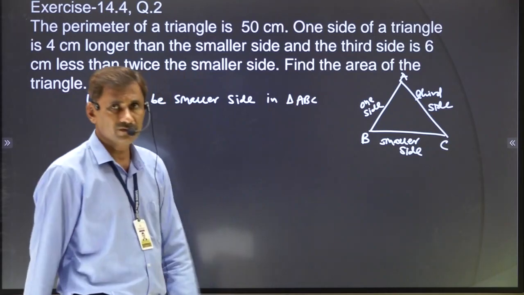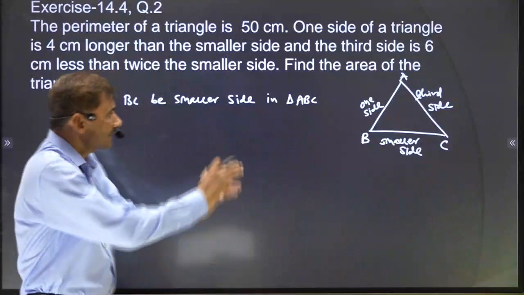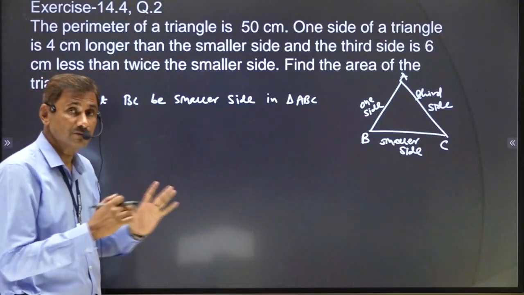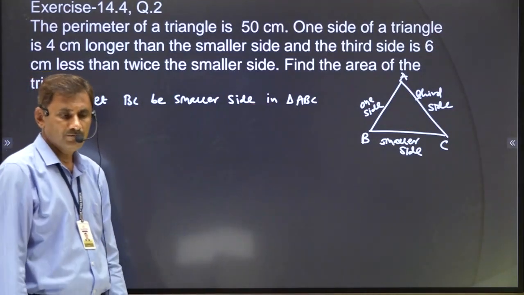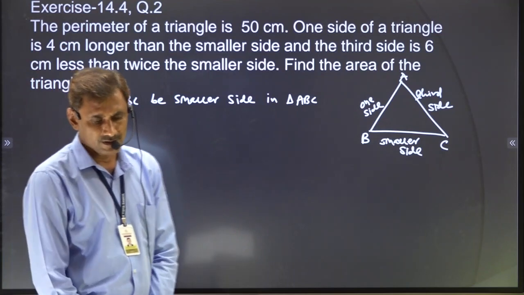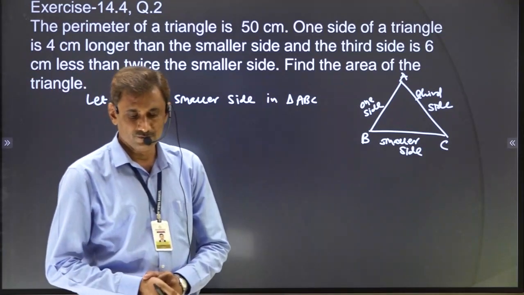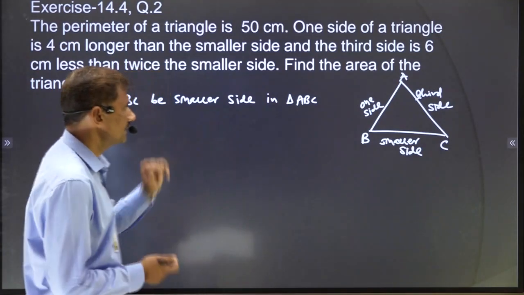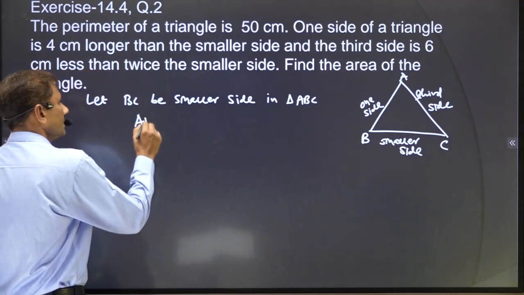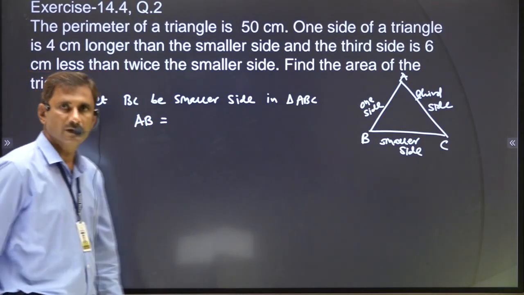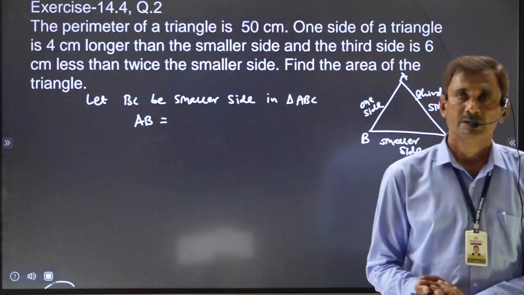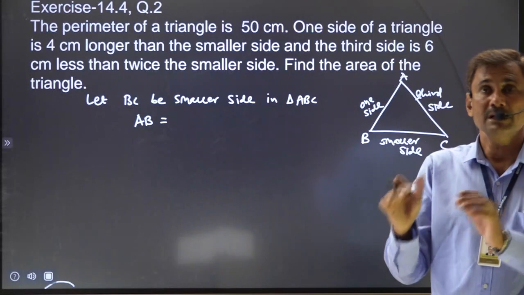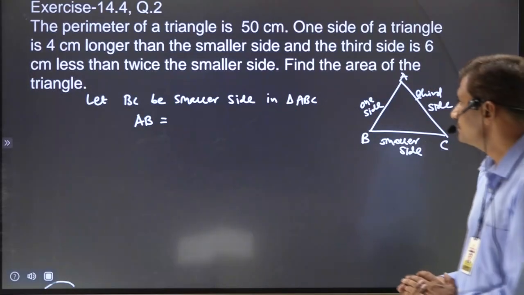Now what they have given, just write down in AB, BC, CA form, because we supposed that triangle. Not the whole statement, but according to their statement write down the mathematical notation. One side of a triangle, that is AB, is equal to. Understood? So go slowly part by part and convert it into mathematical form.